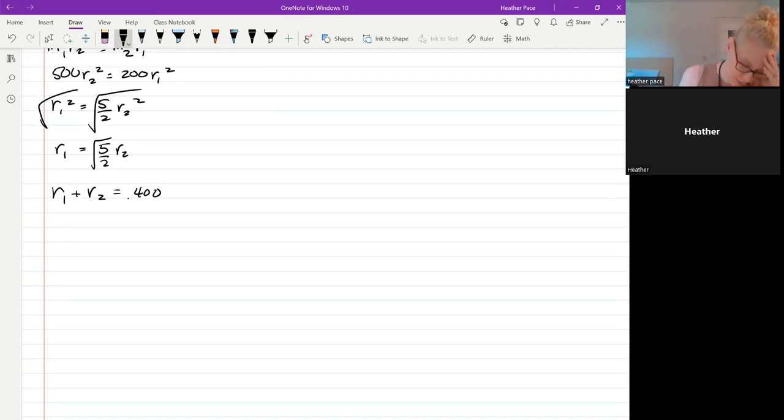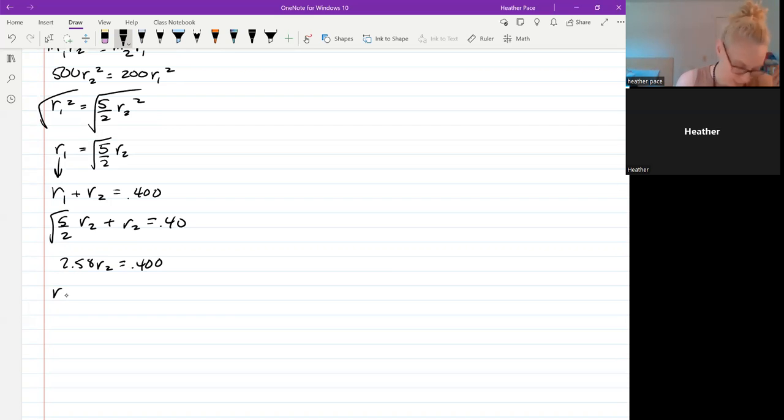So we can use this equation. We can shove this into here and we get square root of 5/2 R2 plus R2 equals 0.4. And then if we add everything, divide everything, we end up with 2.58 R2 equals 0.400. Do the math, you get 1.55 m.